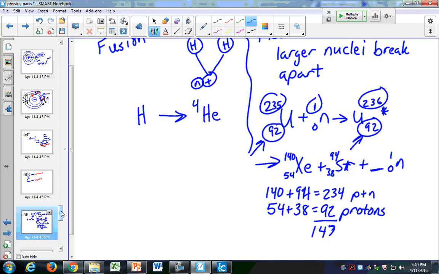That means I have 142 neutrons. But how many neutrons did I have up here? I have 236 minus 92. That is 144 neutrons up here. So how many neutrons will I have here? I'm going to have 2.